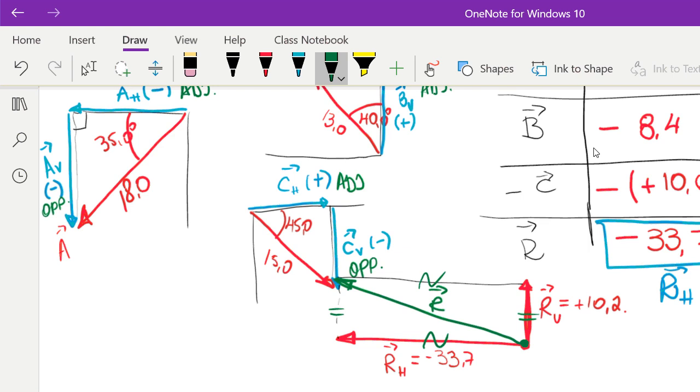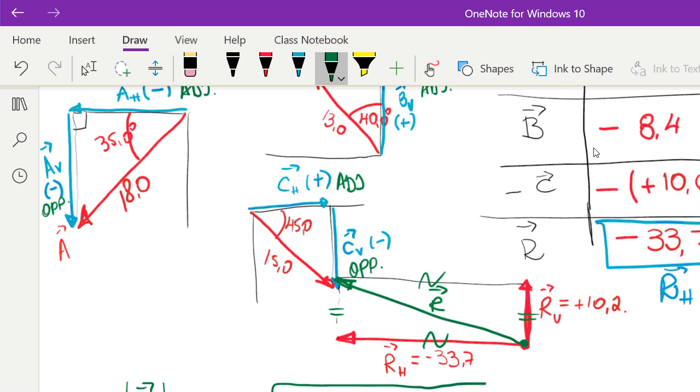But when we take a look at this triangle here, in order to find the magnitude of the resultant, which you can write with the vector notation or simply as r, we use a squared plus b squared is equal to c squared.